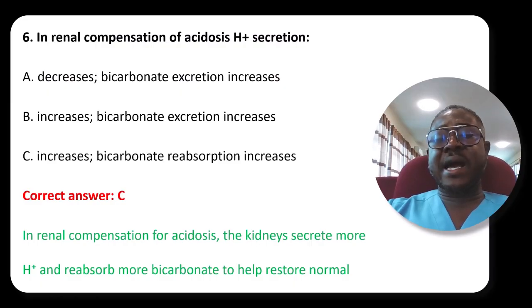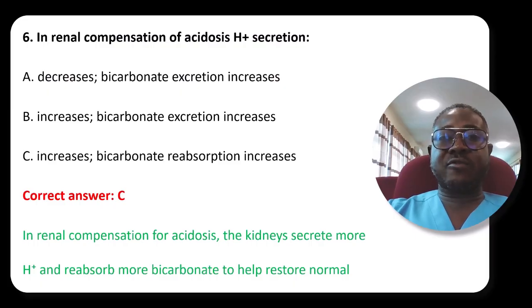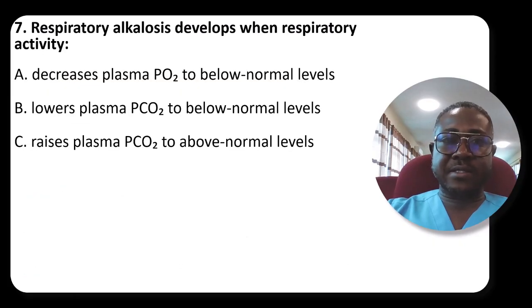So it means that the bicarbonate here will be reabsorbed, and this will help to compensate and to restore the pH of the arterial blood to normal, which is 7.35 to 7.45. I hope you understand. If you don't, please go to the video and watch this lecture on acid-base imbalance.